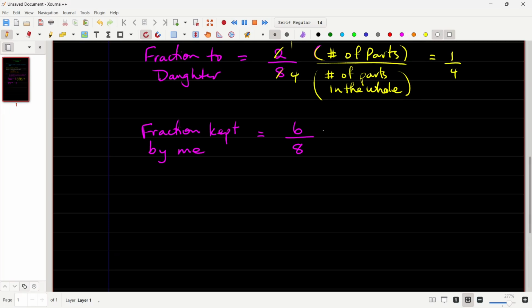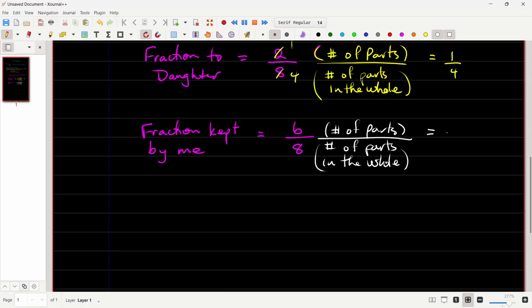So number of parts that I kept divided by the number of parts in the whole. That is, well, I'll divide this by 2, I get 3. Divide this by 2, I get 4. So 3/4. Right? So I gave a quarter of the apples to my daughter and I kept 3/4 for myself.